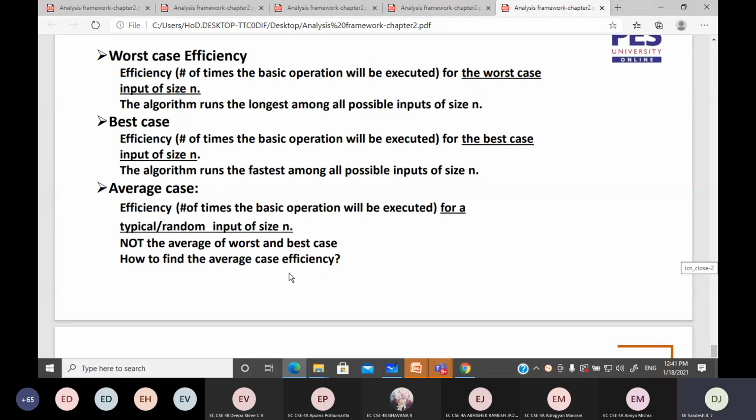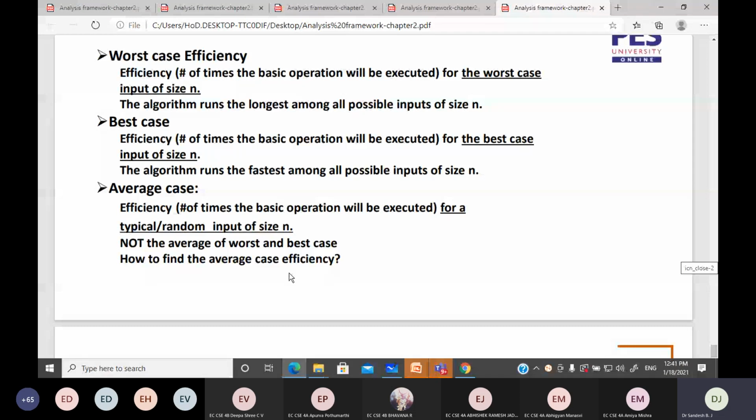Can you find out the average case efficiency easily here by knowing the best case and worst case? It's not possible, because when you are talking about average case efficiency, you may find the element at the first position or second or third position, or it could be at the nth position.